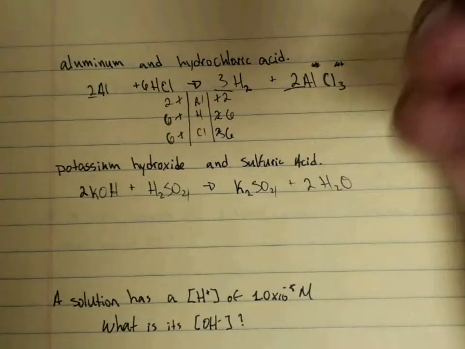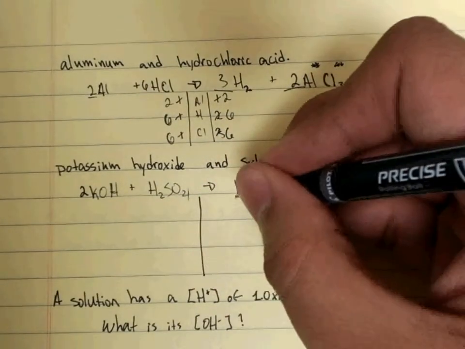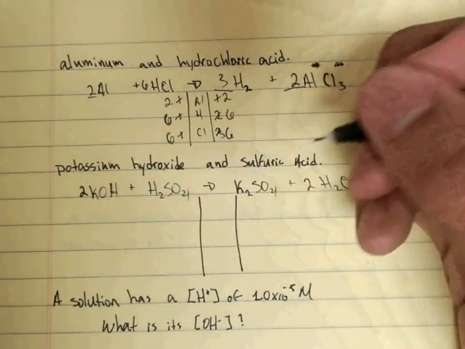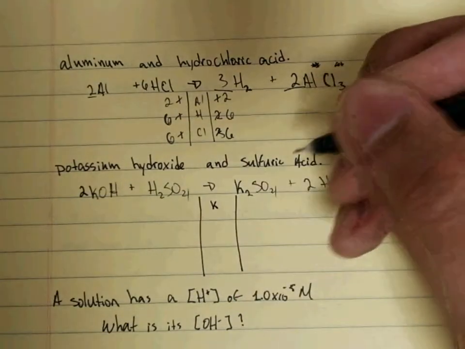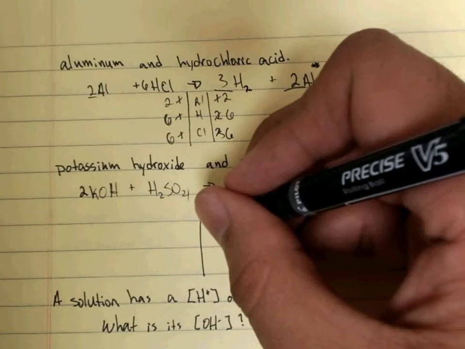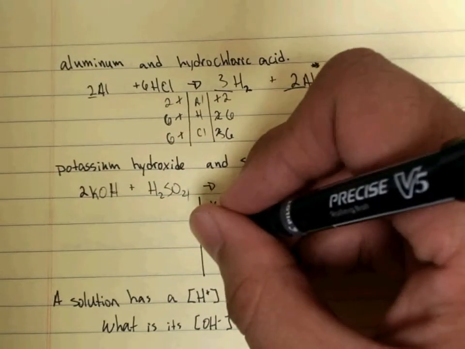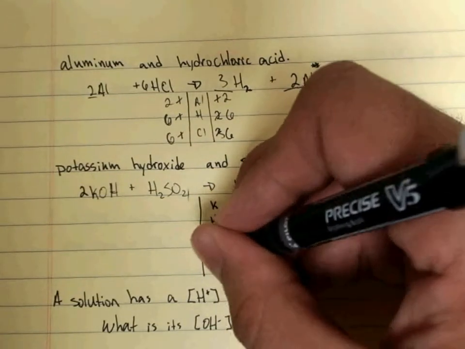I'm going to put a 2 right there, and I'm just going to check. It's a lot easier for me to just give you what it is going to become. I'm going to keep H, O, and SO4.